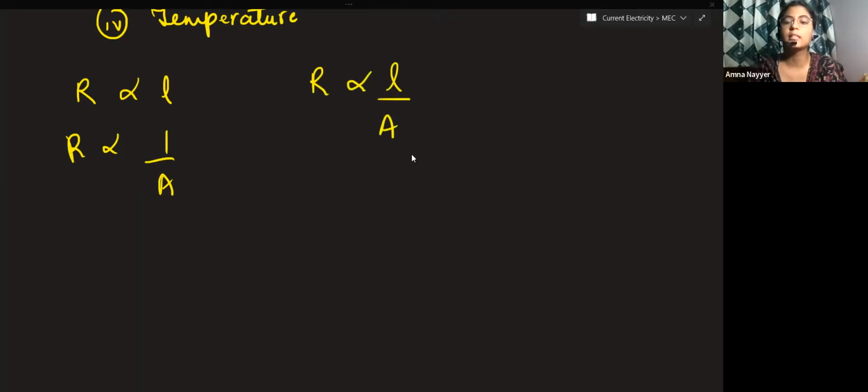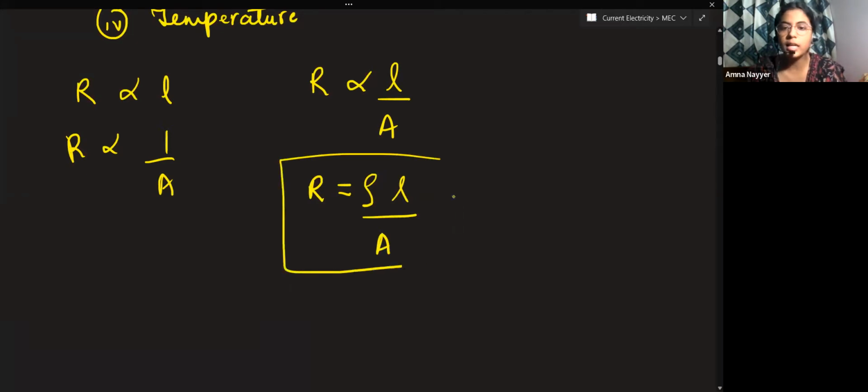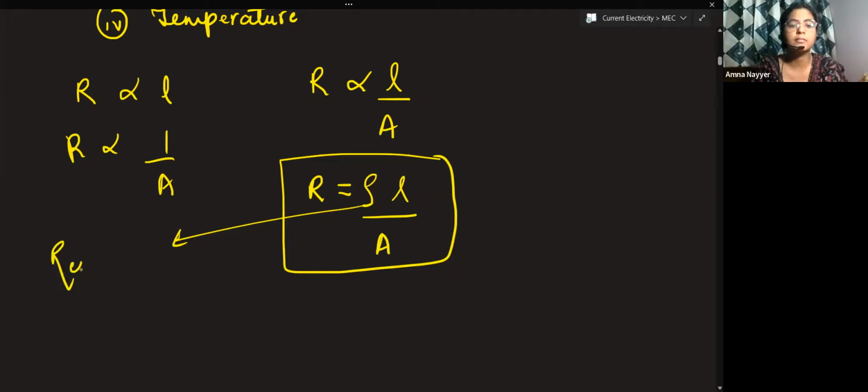Now, whenever we have to remove the proportionality sign, how do we do it? Put an equal to sign with a constant. Exactly. So in this case, R is equal to rho L by A. Now this constant that you are getting, this is known as resistivity.